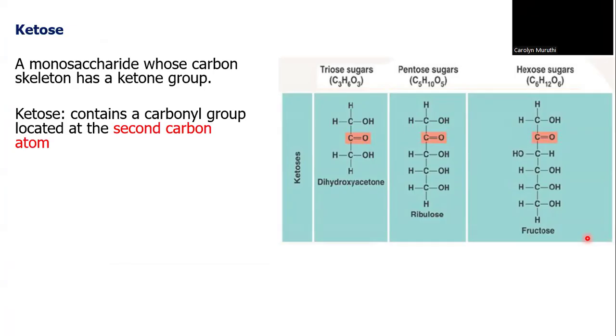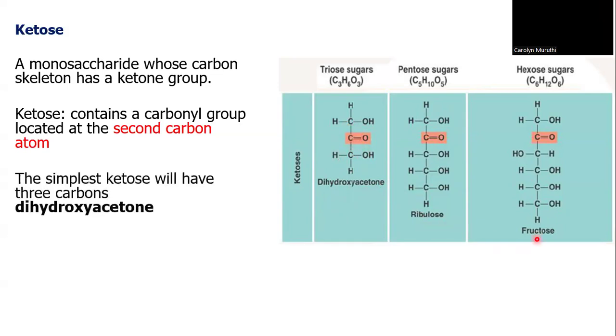In most of these monosaccharides, we'll find that the ketone group is located at the second carbon atom. Looking at this simplest example, dihydroxyacetone, we can see that the carbonyl group is at the second carbon. The same goes for ribulose and also fructose, which are examples of ketoses.